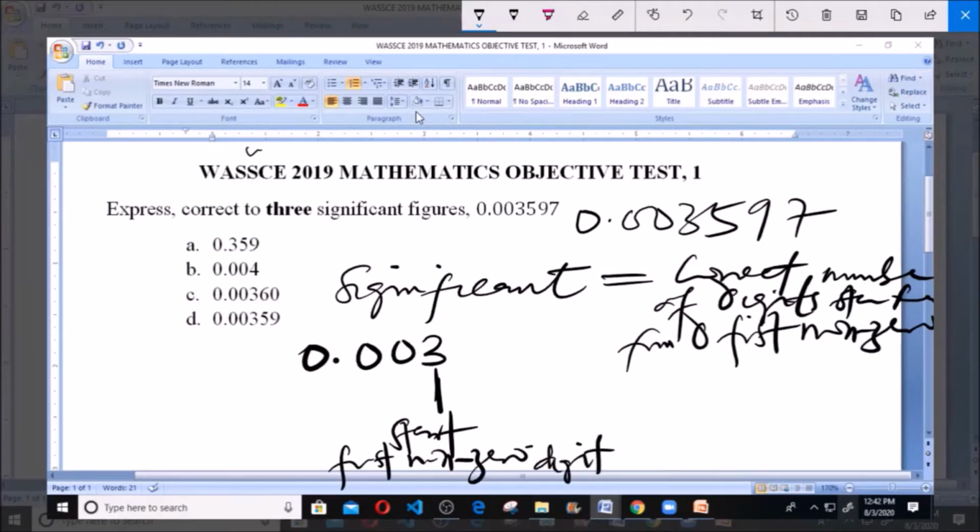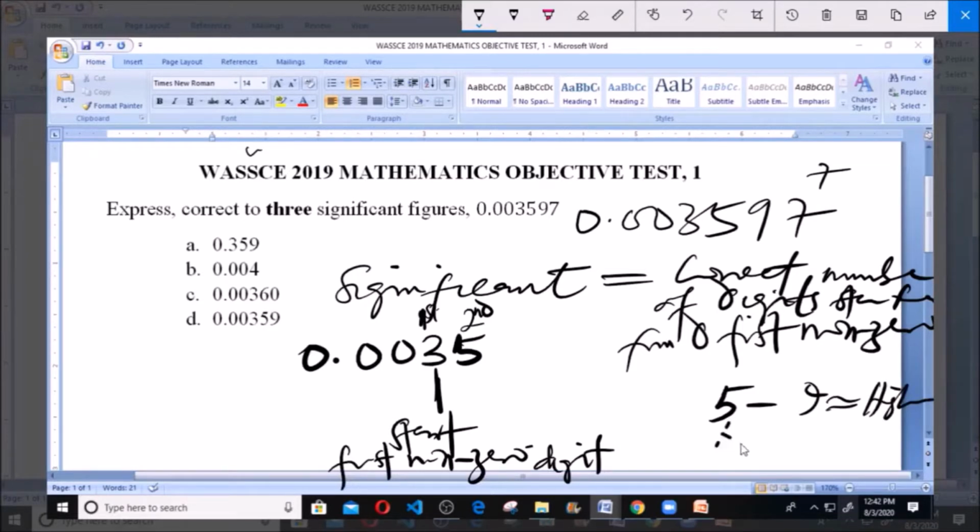So this is 5, this is the first, this is the second. Now they say three significant figures. Now we have 9. If you approximate, the number after 9 is 7. Now if the numbers are between 5 to 9, you approximate higher, you raise the number up.